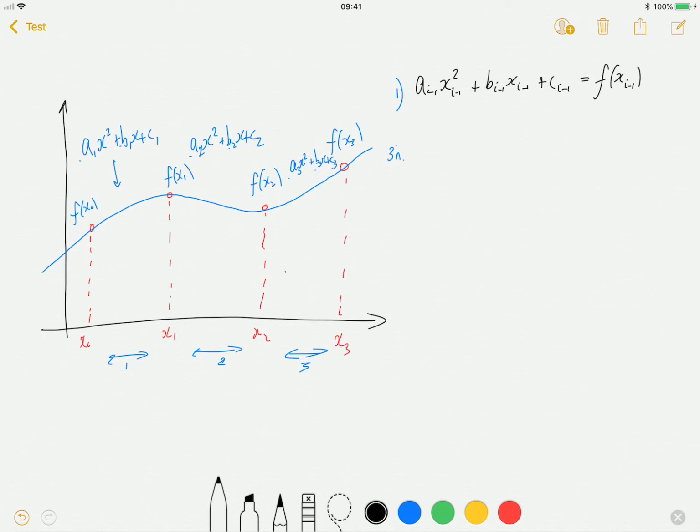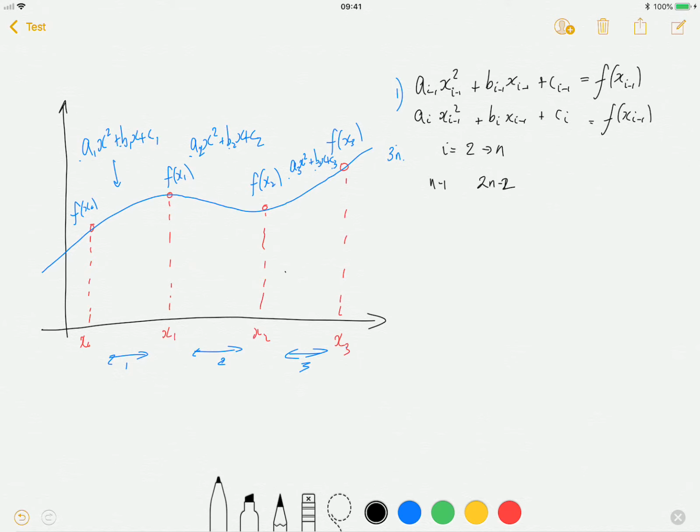But we also have the other condition that a of i, x i minus 1 squared plus b of i, x i minus 1 plus c of i must also equal our interior knot. This is now going from i equals 2 to n. And because we're only using the interior knots, each polynomial provides n minus 1 conditions, so we have a total of 2n minus 2 conditions.